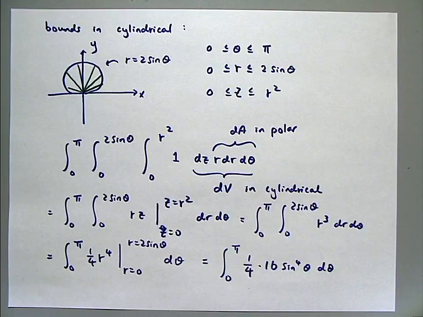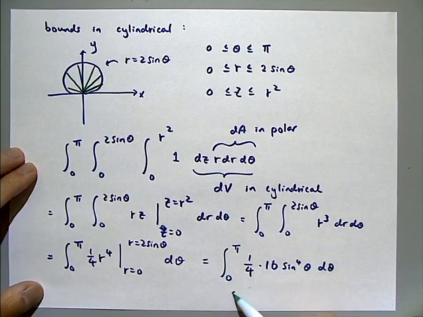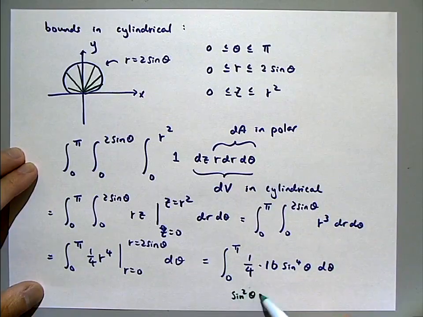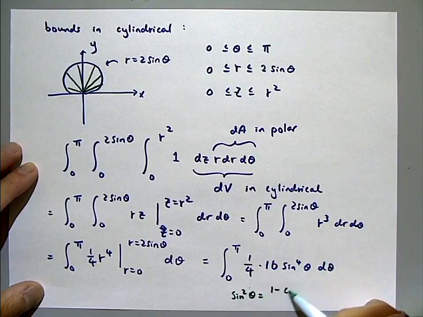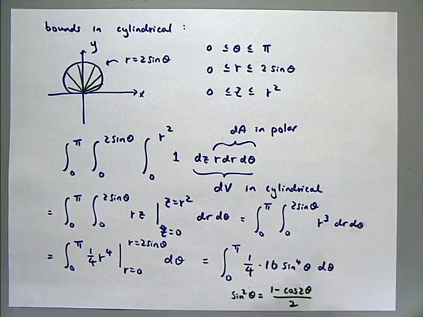We did something very similar last time. Remember the identity to use? No? Yeah. 1 minus cosine 2 theta over 2. So that's the identity we want to use for that.